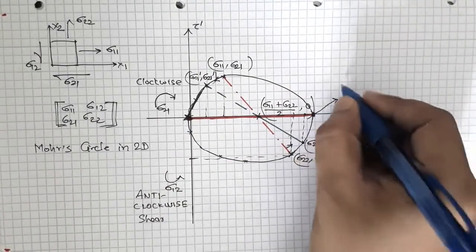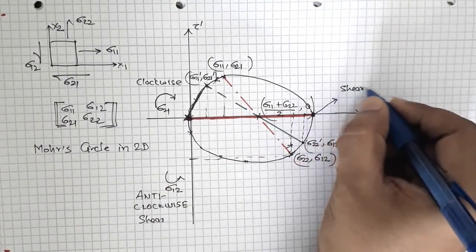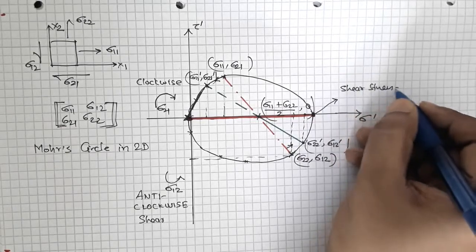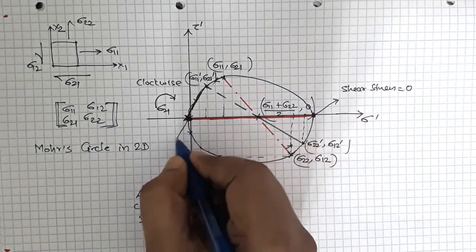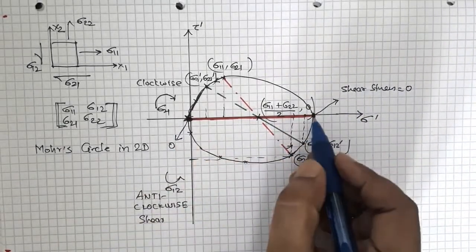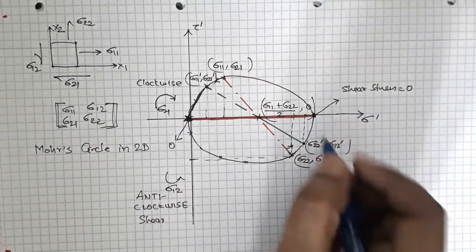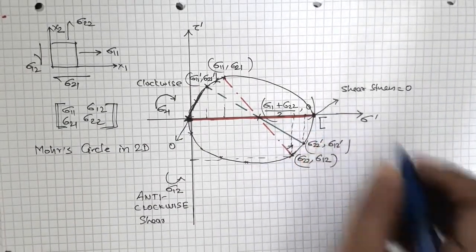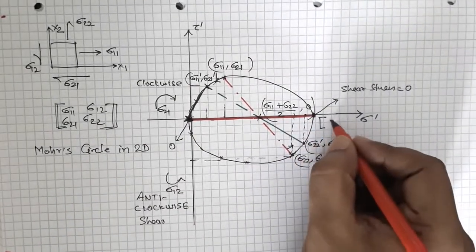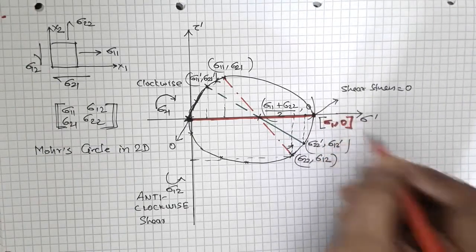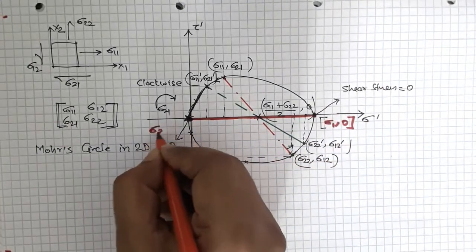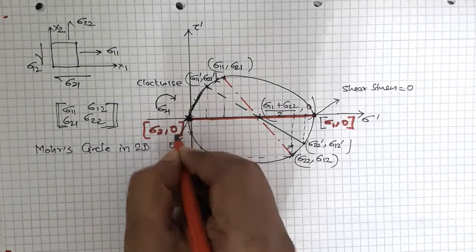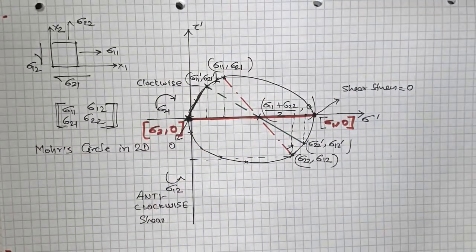So here shear stress is equal to 0, here also it's 0. So these 2 points define the principal stresses. This point is sigma 1 and this point is sigma 2, and sigma 1 and sigma 2 are the principal stresses.